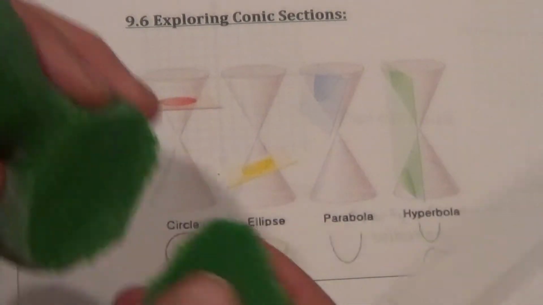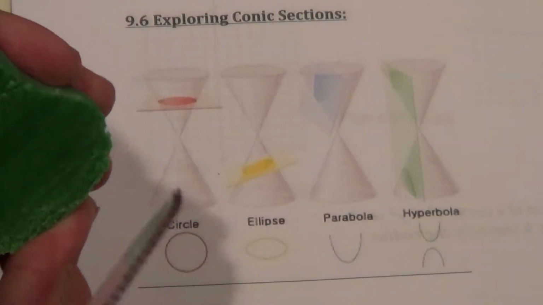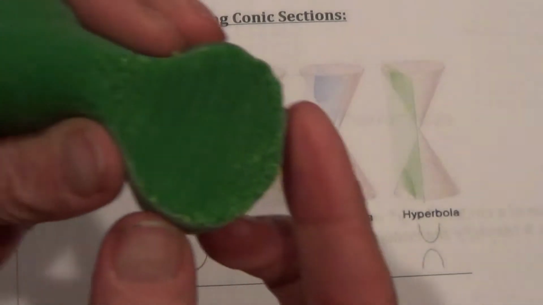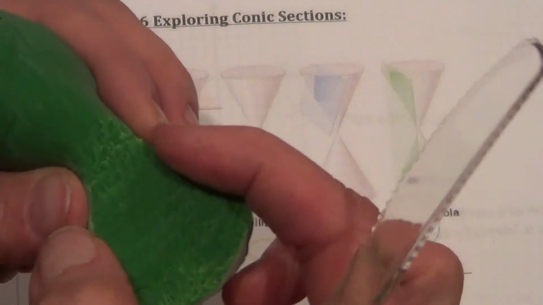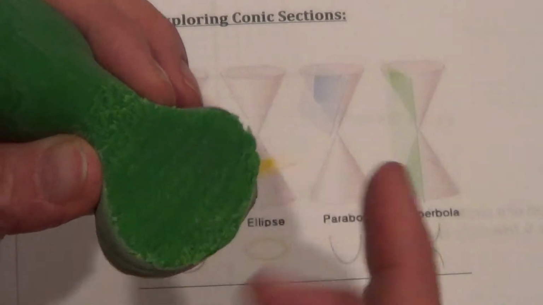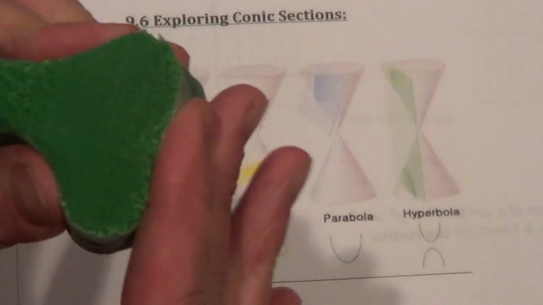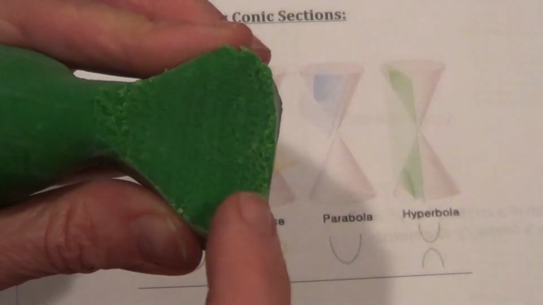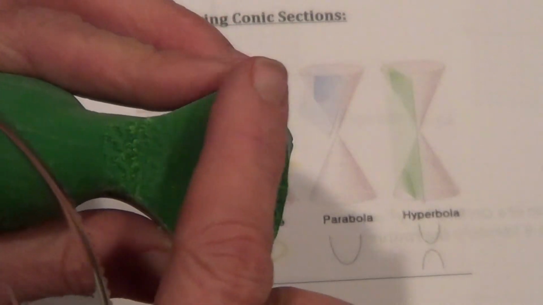And now you can see we have what you call a parabola. It's shaped right there. This should be flat. Sorry about that. So that's the parabola shape right there.